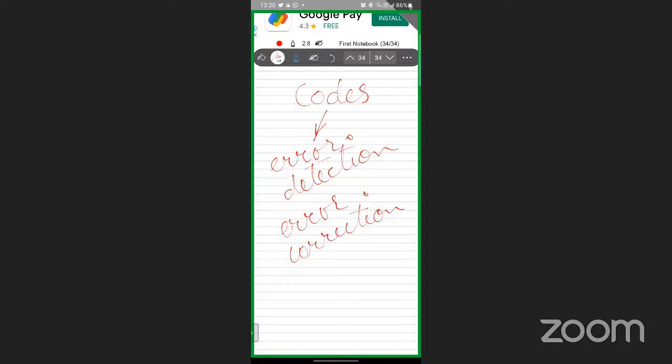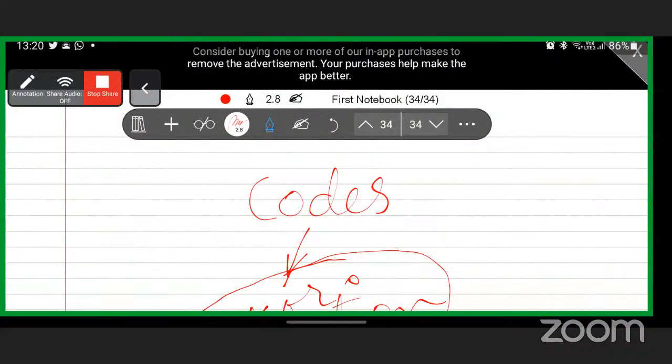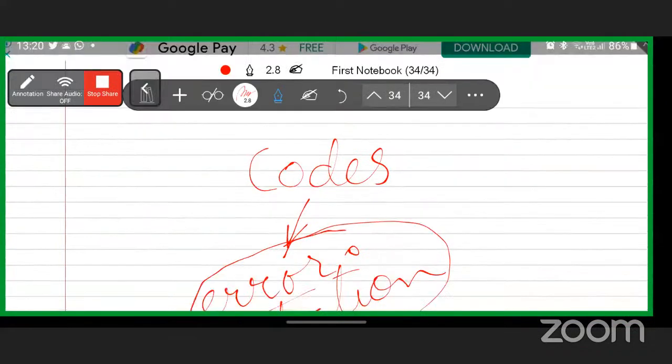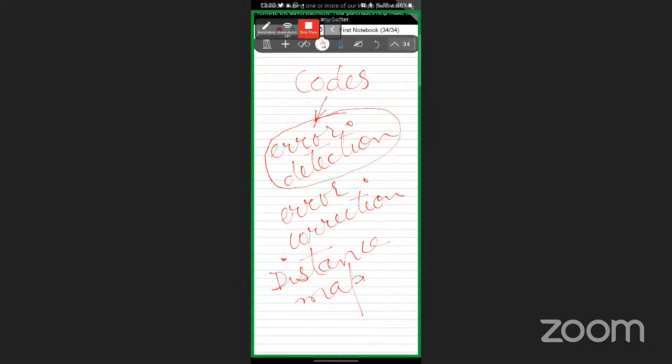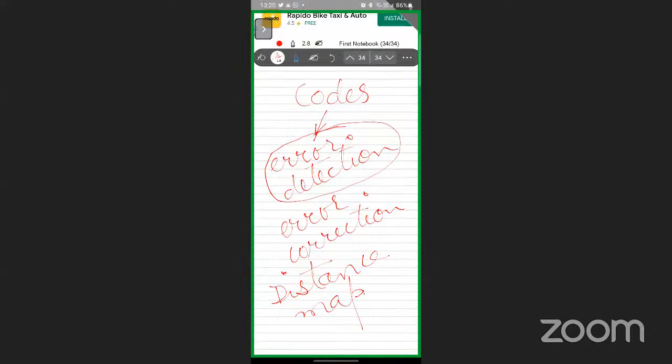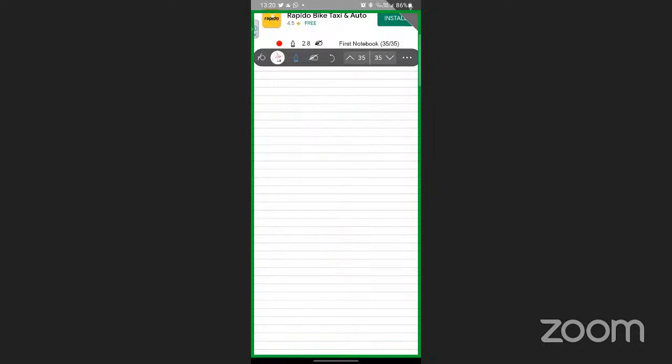And now, while playing with these codes, one of the concepts that comes into picture with error correction and error detection is the distance map. And for a normal distance map, metric spaces are sufficient. What are metric spaces?